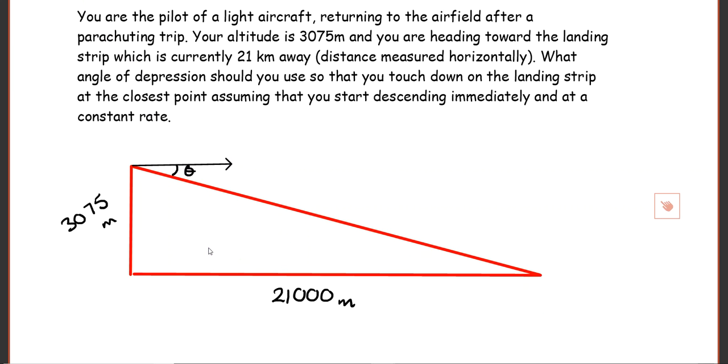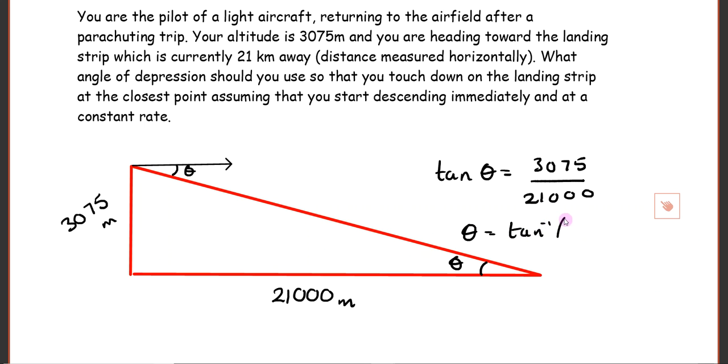So we can do a couple of ways. We can either work out this one and then do that, or we can just work out this one. So if we work out this one, again, we've got tan theta is opposite over adjacent, so 3,075 divided by 21,000, okay? So theta is the inverse tangent of that.